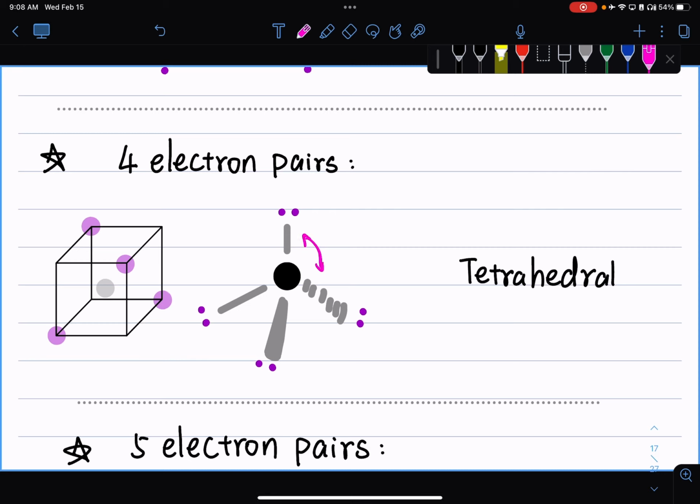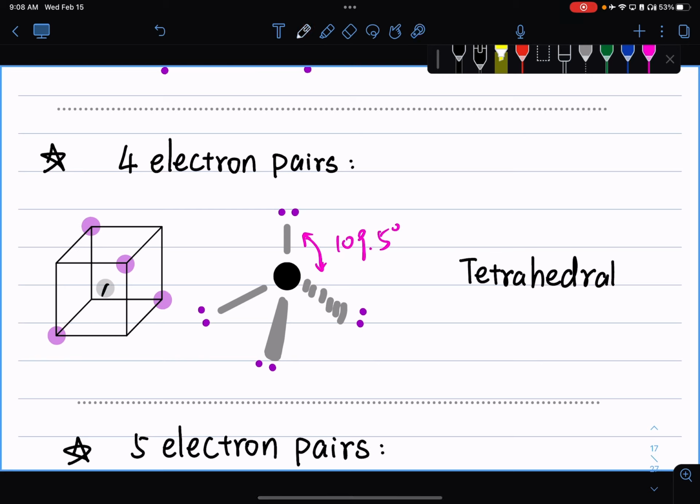First of all, in the tetrahedral geometry, the angle between these electron pairs is all 109.5 degrees. Where that 109.5 comes from is if you imagine a cube. So that's a cube, and then you put the center atom in the middle.